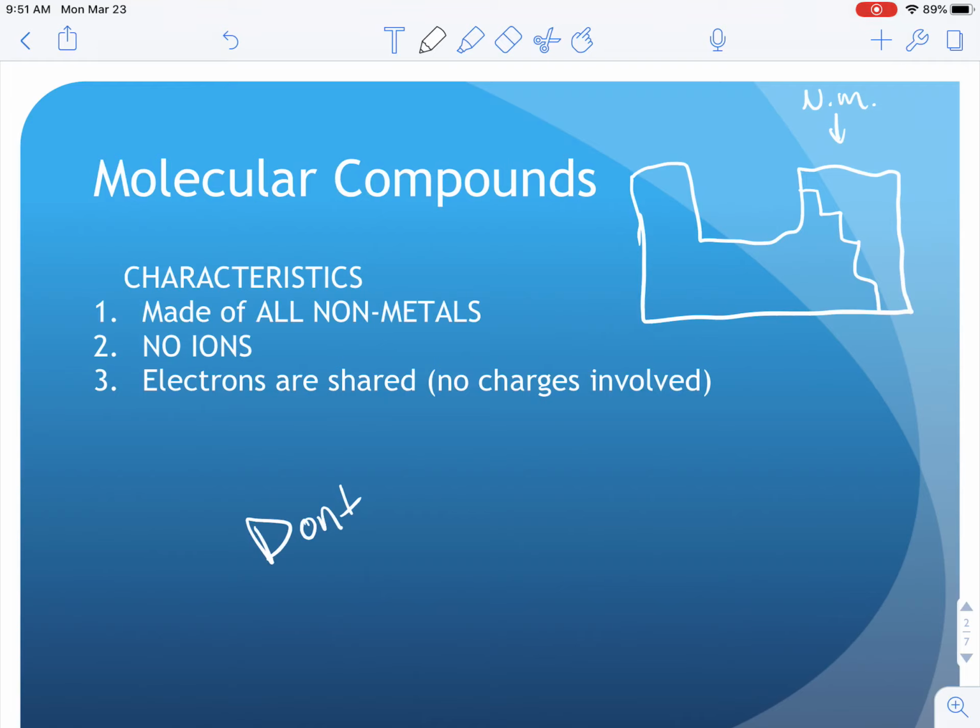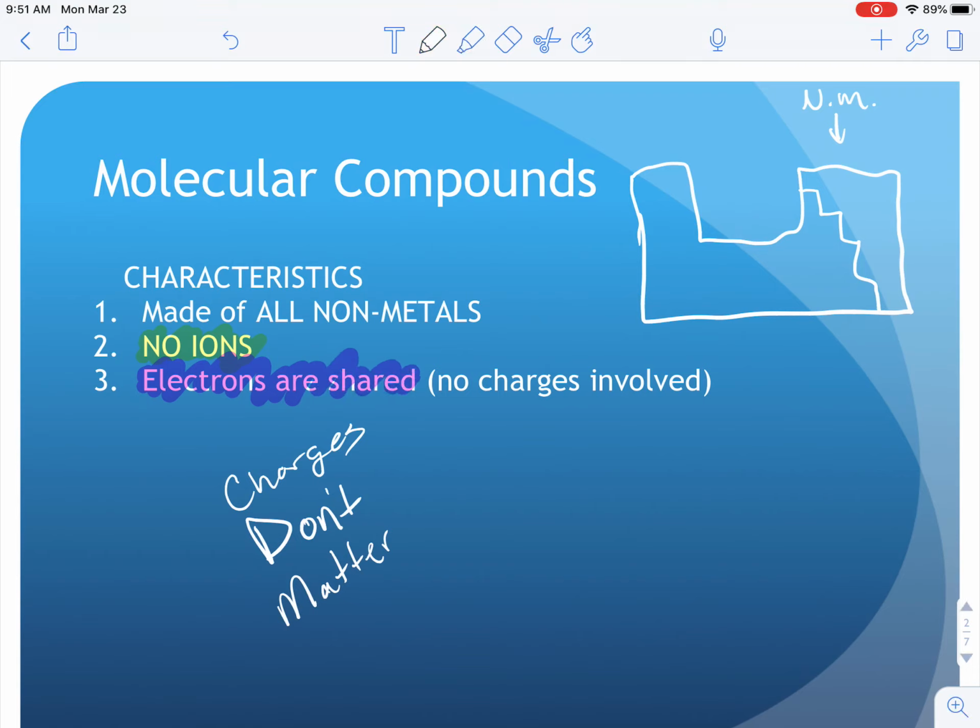We're going to go through what you have to do in these cases in a couple minutes. But the last thing I want to talk about is that electrons are shared in this case. So in ionic, electrons are transferred, right? We talked about them going to one thing. One lost the electrons, one gained the electrons. And in molecular compounds, they're actually just shared between the two. You know, neither gets a competitive edge on the other. They're just shared between the two.